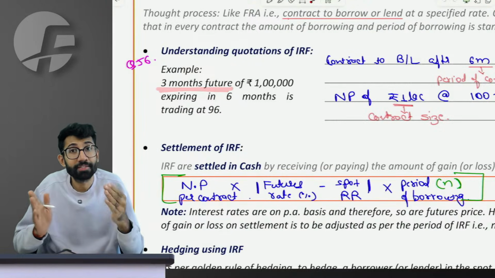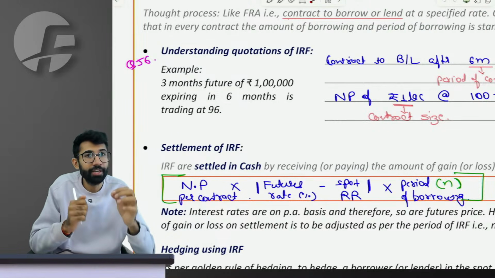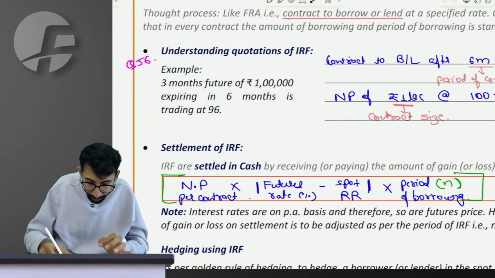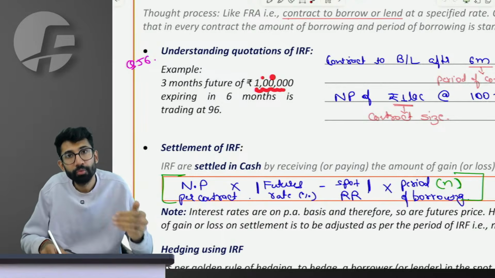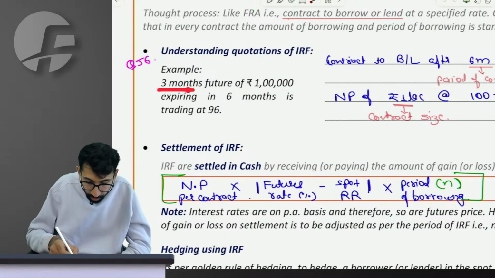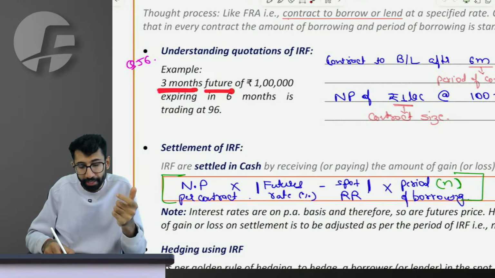Futures are standardized, as you know, in derivatives. You can enter into a contract to borrow or lend not any random amount, but a fixed size of 1 lakh. So you can make it 1 lakh or 2 lakh or 3 lakh and so on. So a 3-month future means a contract to borrow or lend.